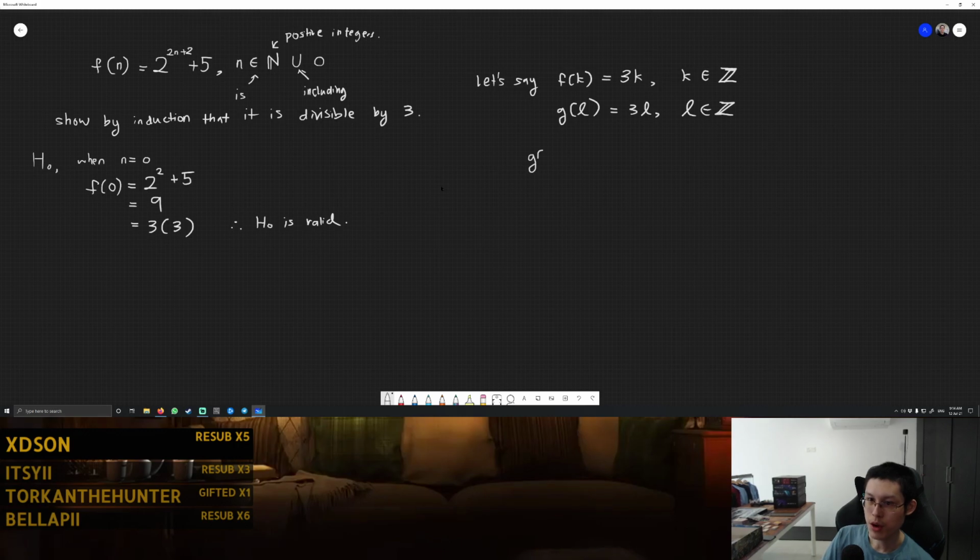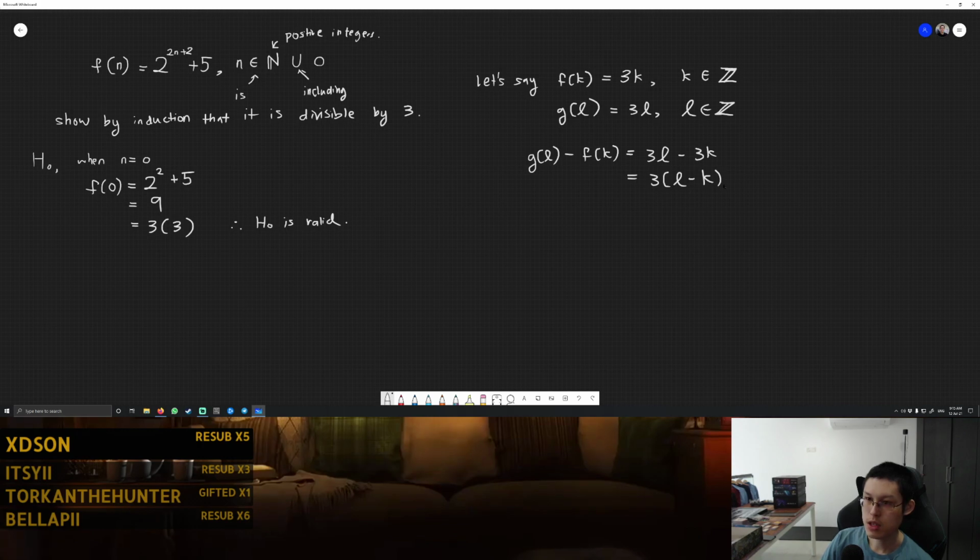So if we take one function and subtract another function, and they are both divisible by 3, the difference, 3l minus 3k, is going to be divisible by 3 as well, because it's also a multiple of 3, since you can always factorize the 3 out. So if both of these are divisible by 3, then this difference should also be divisible by 3.